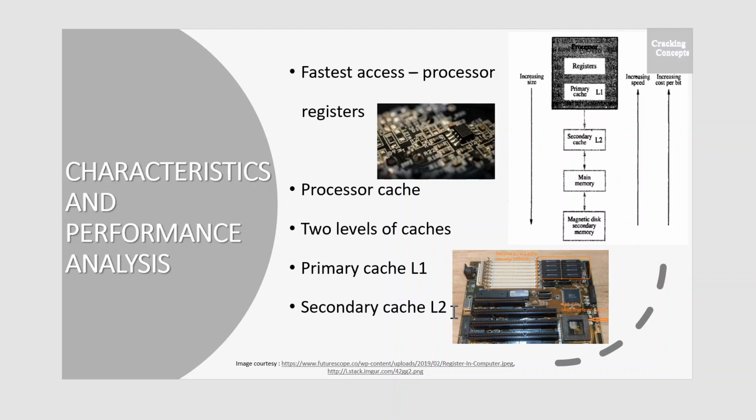The entire computer memory hierarchy is as given in the figure. The fastest access is to data held in the processor registers. Therefore, if we consider the registers to be a part of the memory hierarchy, then the processor registers are at the top in terms of the speed of access.